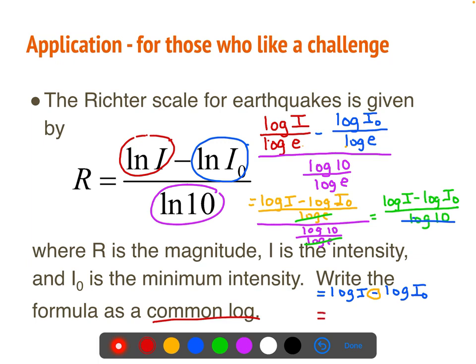Log laws: if you have a minus, you could smush them together with a divide. So my final answer is R is the same thing as log of I over I naught. That is the same as that formula there. Wow, all that work to rewrite it as a common log. But, you know, you might have something like that in your My Math Lab.